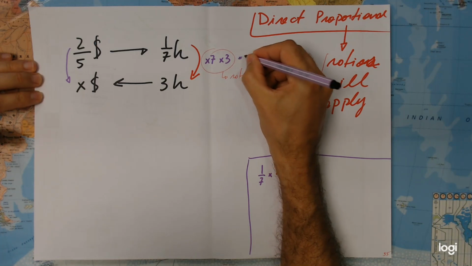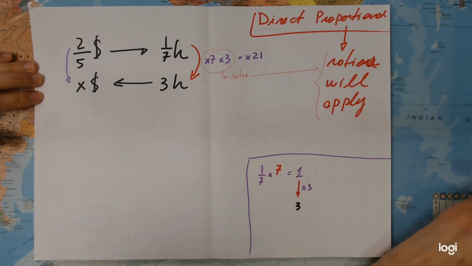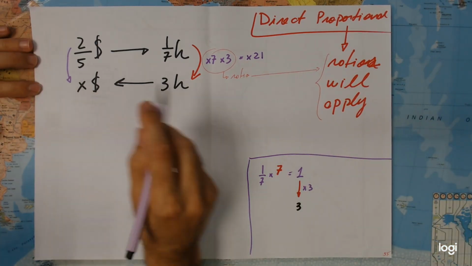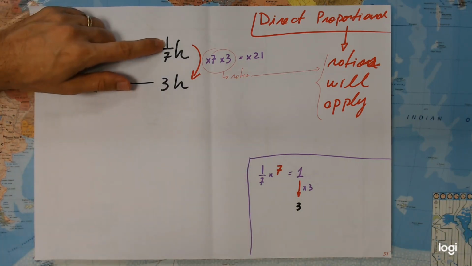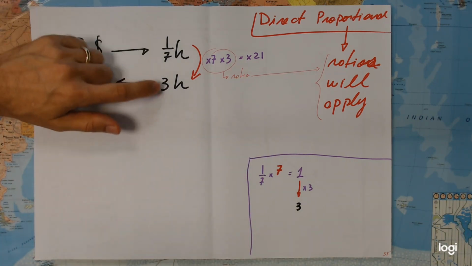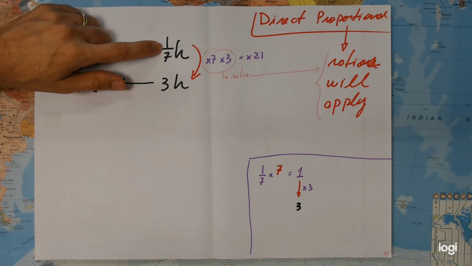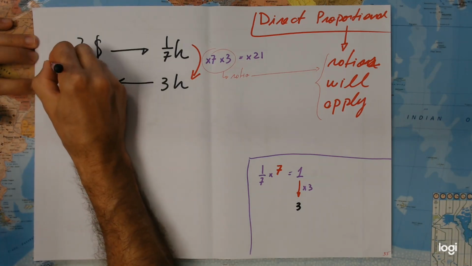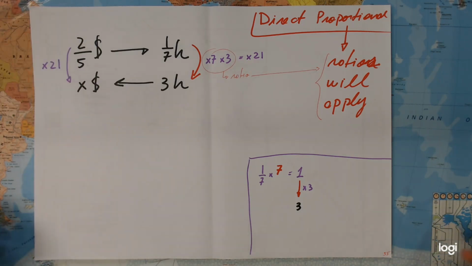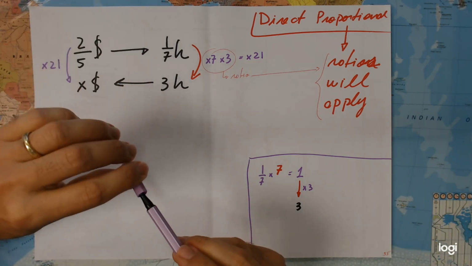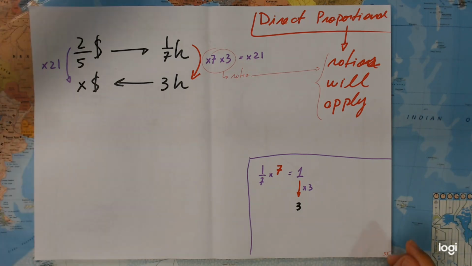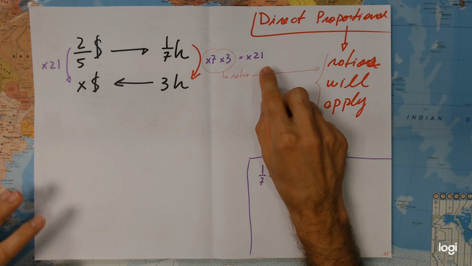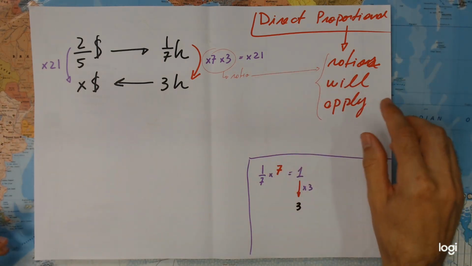This is just times 21. So if I just multiply this by 21, I get 3. Look, 1/7 times 21 is 3. So I'm just going to multiply this one by 21. Working with ratios is much simpler. Of course, the numbers here are going to help.